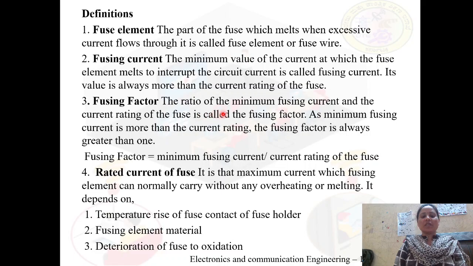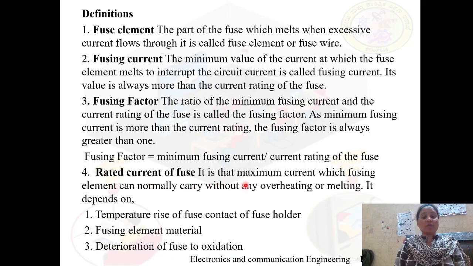Fusing factor. It is nothing but the ratio of minimum fusing current and the current rating of the fuse. Fusing factor is equal to minimum fusing current divided by current rating of the fuse. Next one is rated current of the fuse. This is the maximum current which the fusing element can normally carry without any overheating or without melting.